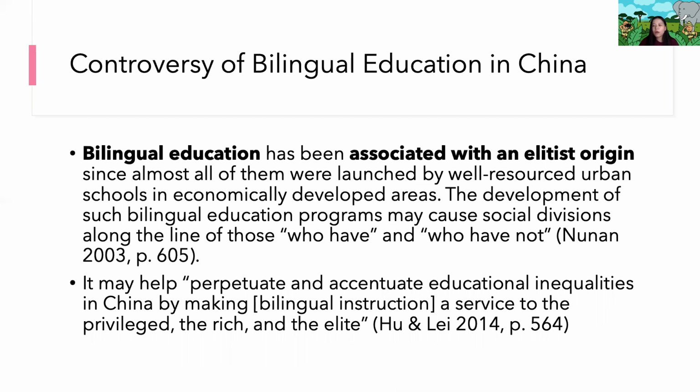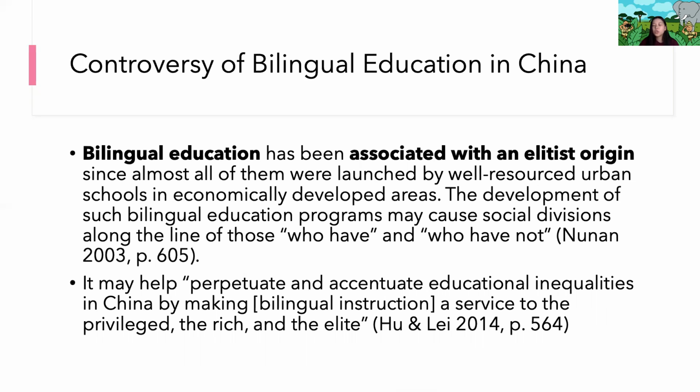If you could recall, the schools that first started bilingual education programs are schools with very good resources and teaching staff. So bilingual education is usually launched by well-resourced urban schools and in economically developed areas.